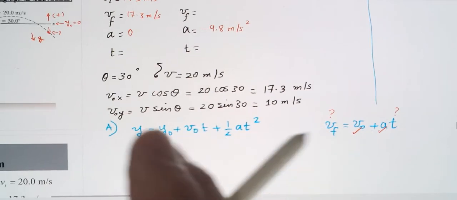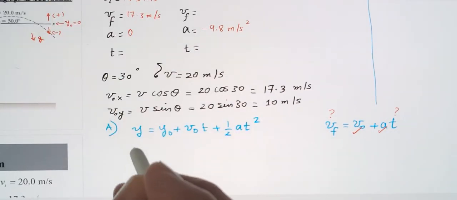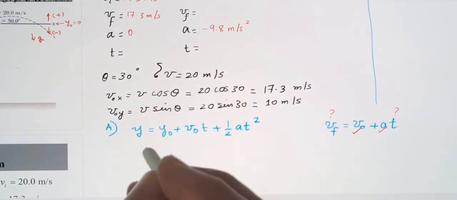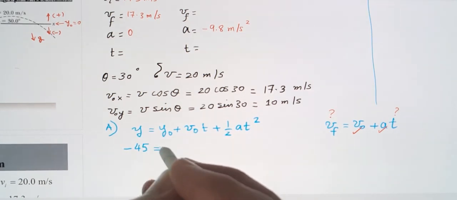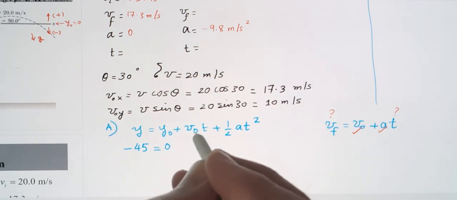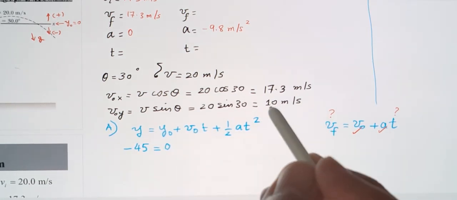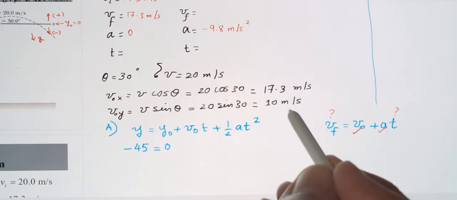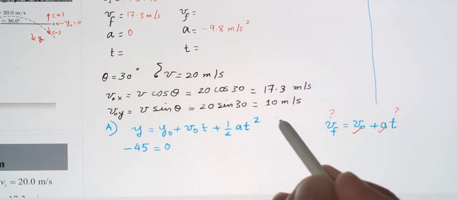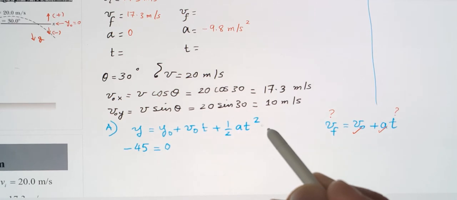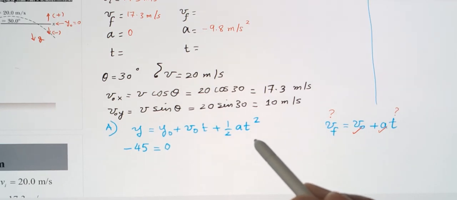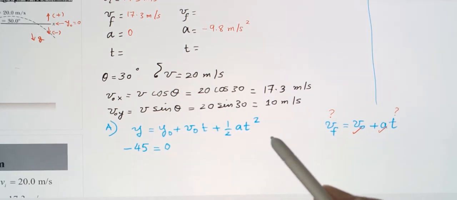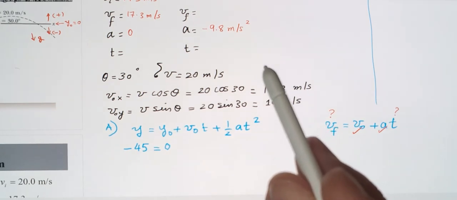Right. Here, we need to be careful when we put the numbers. So y is minus 45, 0. V node y, is it positive or negative? Positive. V node is positive because it's pointing upward, and we said upward is positive.